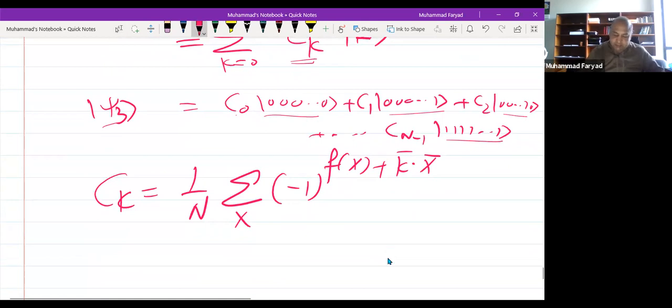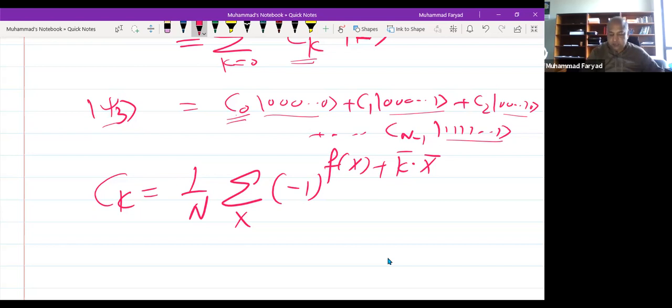You can compute these amplitudes for any general k that you want, but let me just compute this amplitude for the 00 state, because that will give me the probability of measuring the 00 state. Remember, the probability of measuring a state is the amplitude modulus squared.